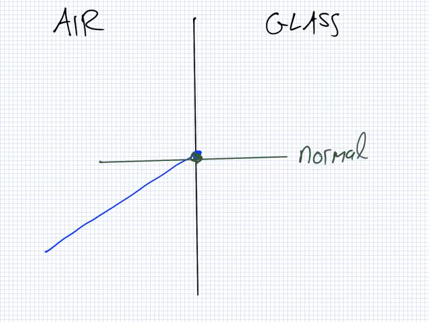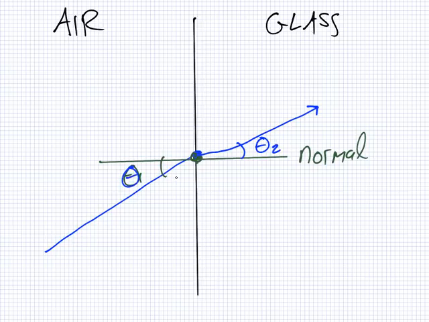You might know this word from maths. Normal is perpendicular to tangent. Do you remember? Have we done that word? Yeah. So this angle here is theta 1. And then this angle here is theta 2.